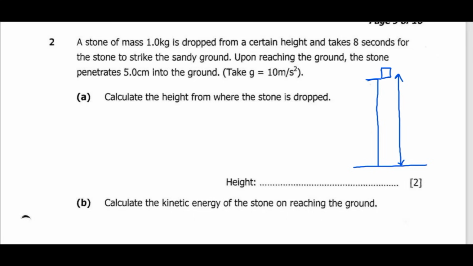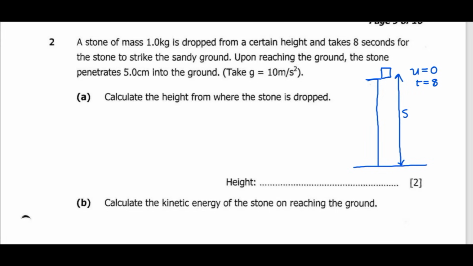We just call this S for displacement. So let's look at what we have. We have mass. We don't have final velocity, but the initial velocity is given. So whenever an object is dropped, its initial velocity is 0. Time given is equal to 8 seconds.